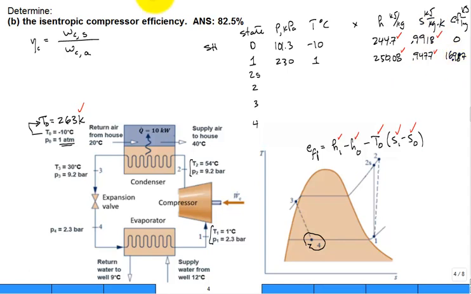Let's continue on. If you assume isentropic compression, the pressure is boosted up to 920 kPa or 9.2 bar, and the entropy is 0.9477. It's superheated vapor, so you're given basically the pressure and the entropy.